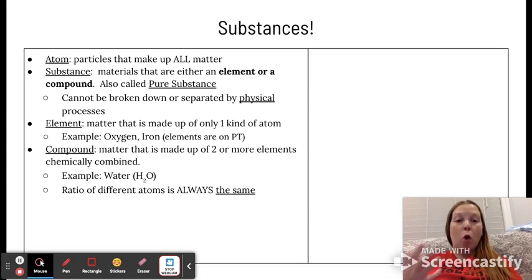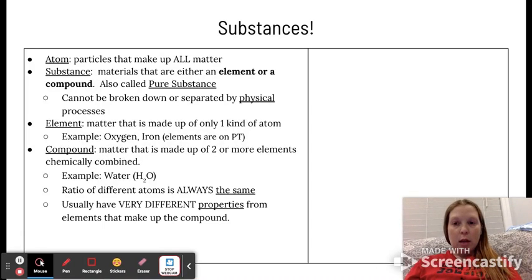So when you have a water molecule, it is always 2 hydrogen atoms for every 1 oxygen atom. And these are usually very different in terms of their properties from the elements that make up the compounds. So for instance, both hydrogen and oxygen are very flammable gases, but together in water, you can use that to put fire out.